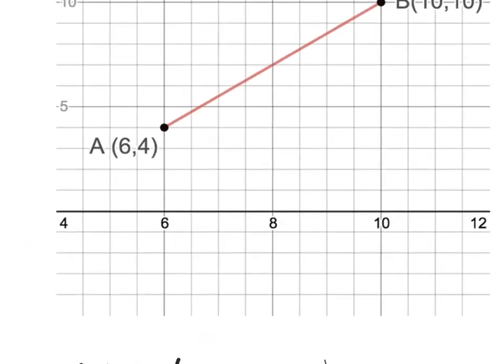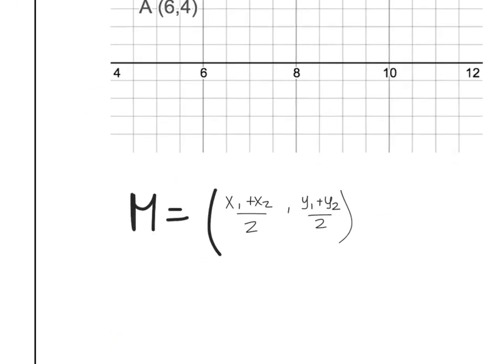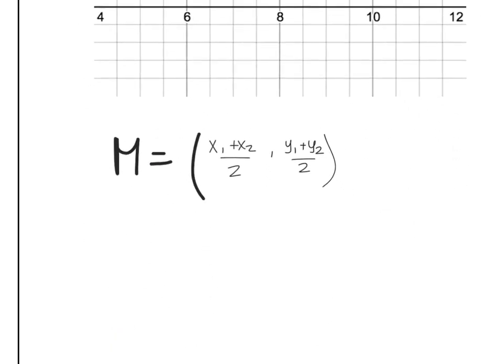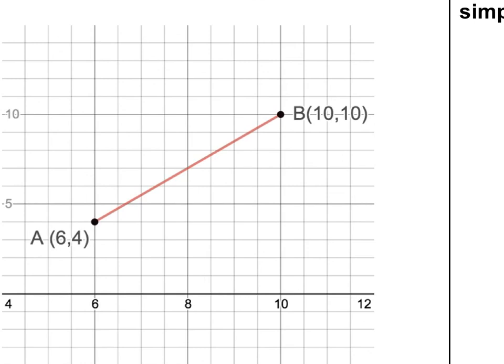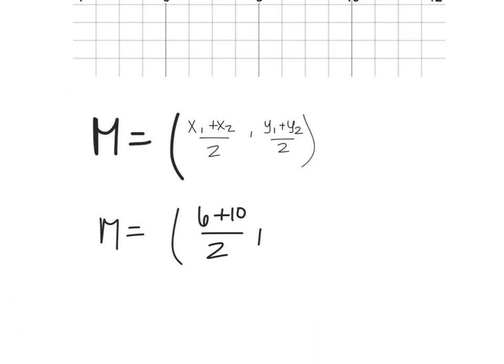Our x coordinates are 6 and 10, so we're going to do 6 plus 10 and divide by 2. And then I'm going to do 4 plus 10 divided by 2, because those are my y coordinates.